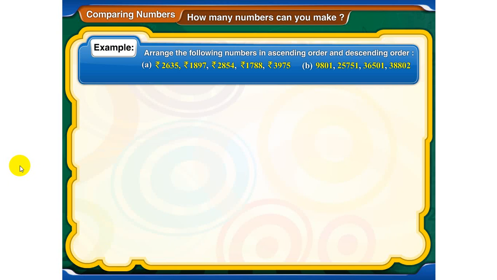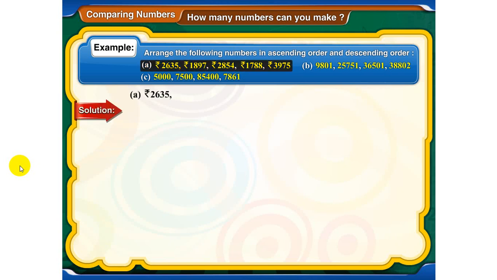B. 9,801, 25,751, 36,501, 38,802. C. 5,000, 7,500, 85,400, 7,861.